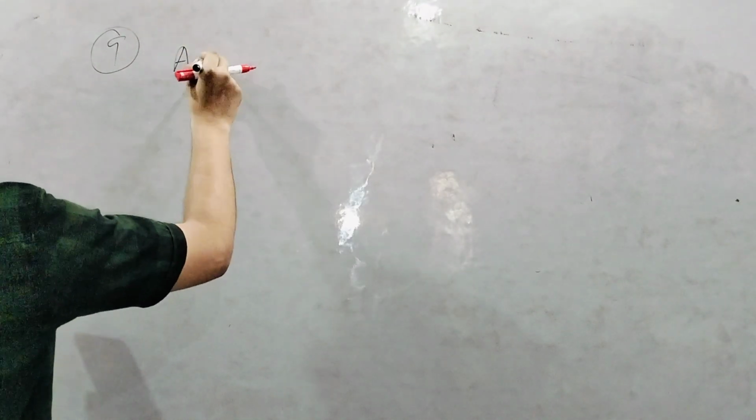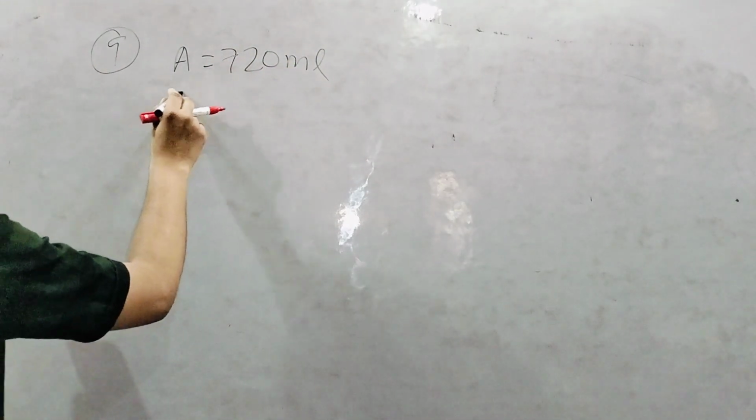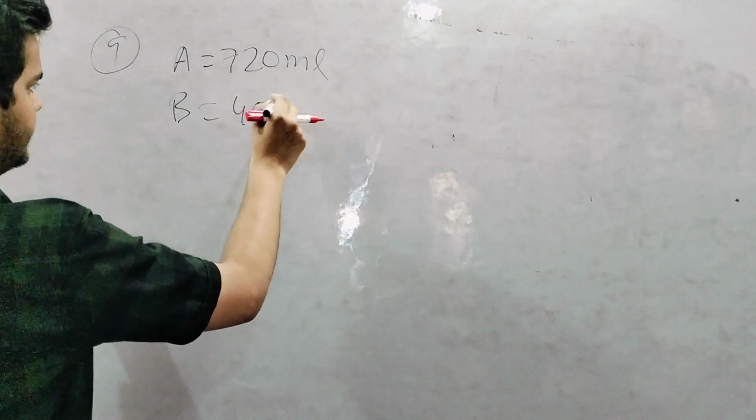Moving forward, Aman has two vessels which contain 720 ml and 405 ml of milk.